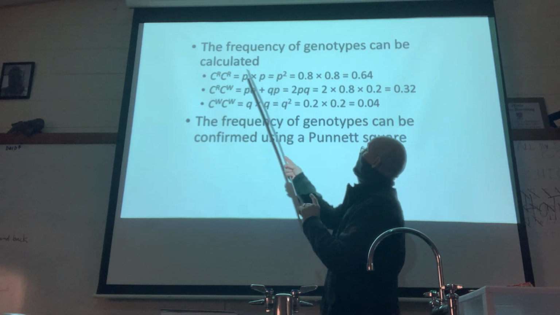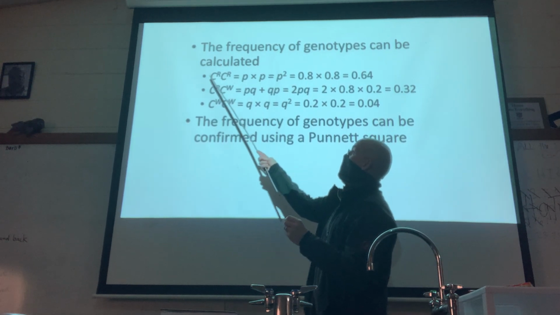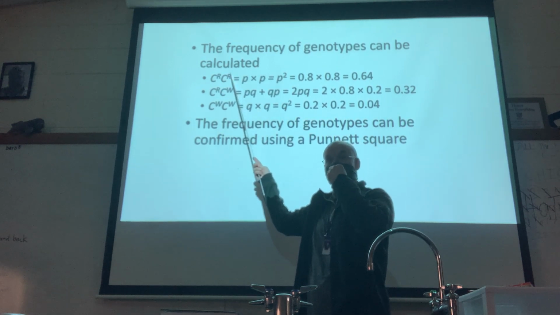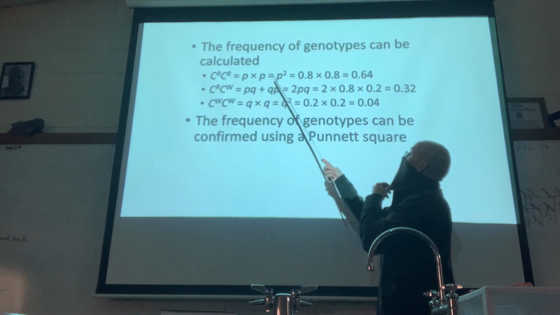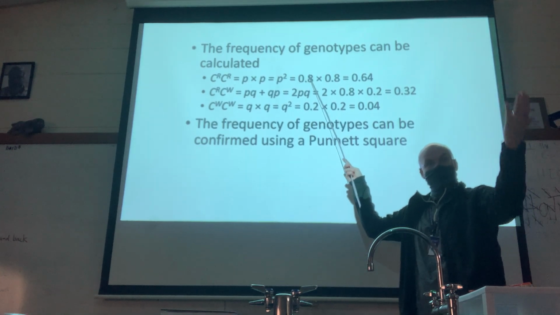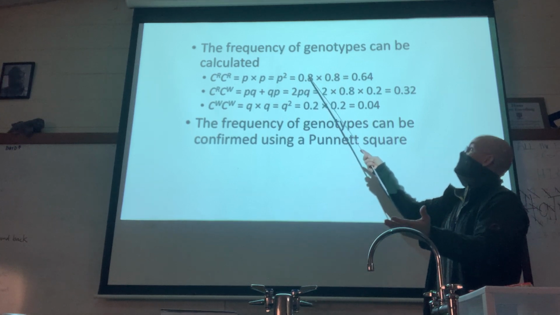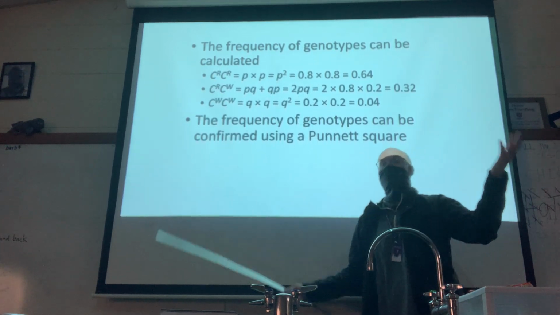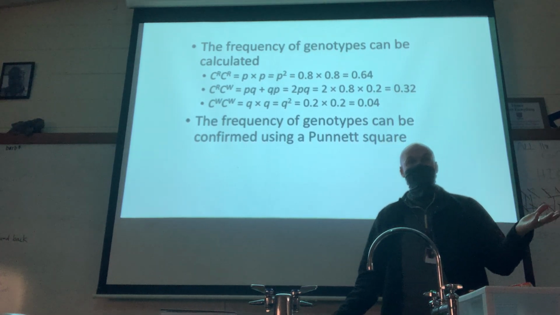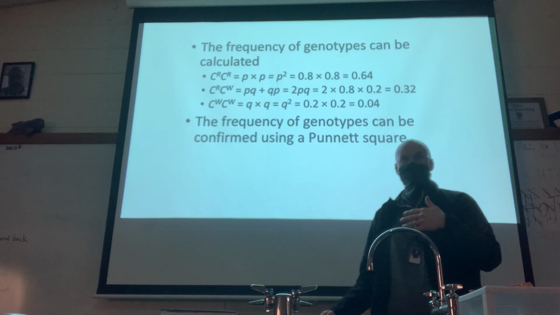So if you have an 80% chance of drawing red, then for a homozygous red individual, the odds of getting that next generation are just the odds of pulling a red gene times the odds of pulling a red gene, which comes out to p squared. All right? You could do this with coin tosses, except it would be 0.5 and 0.5 for heads and tails.